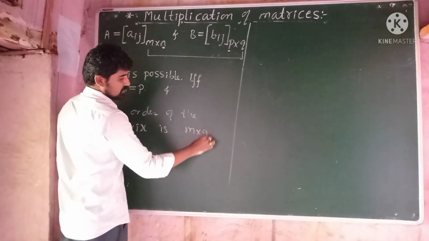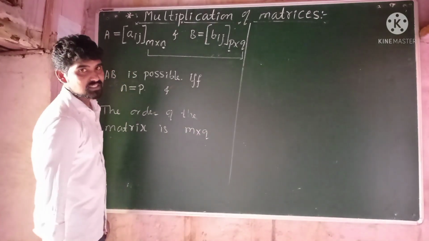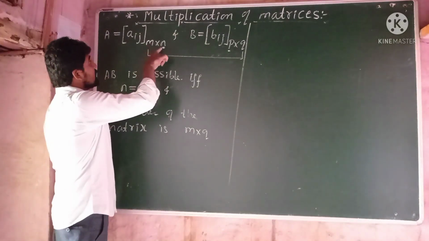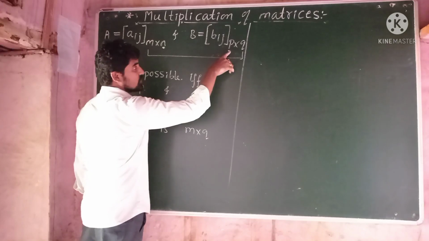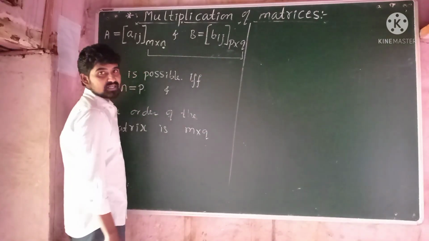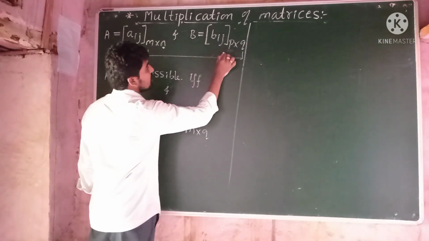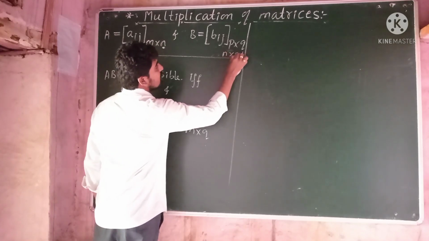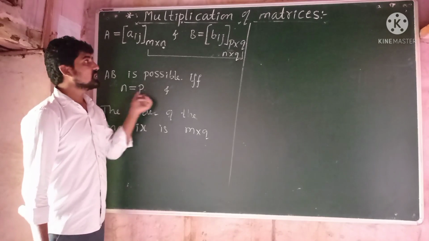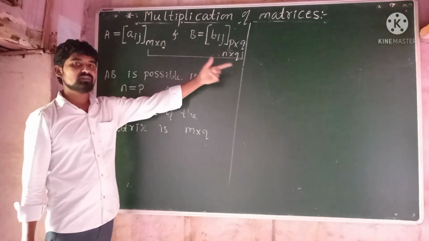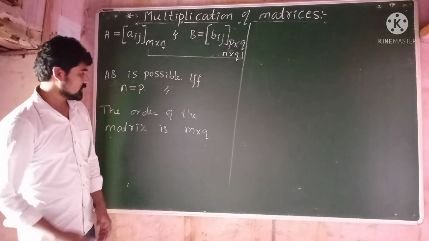I hope all of you are understanding. So if the number of columns in the first matrix is equal to the number of rows in the second matrix, the order of the second matrix is n cross q, because n should be equal to p. I hope all of you understood.